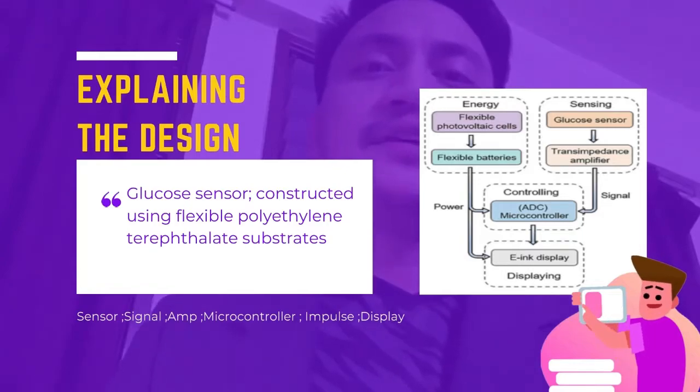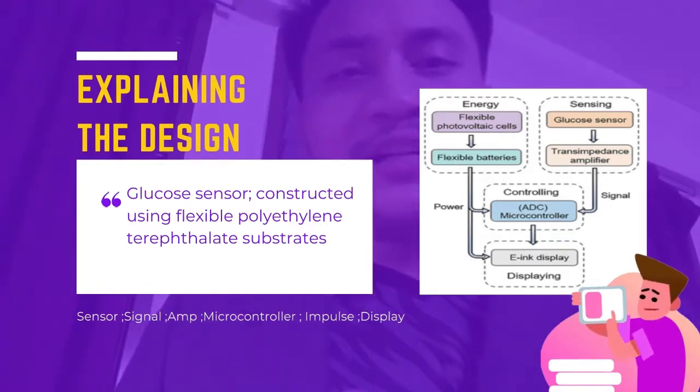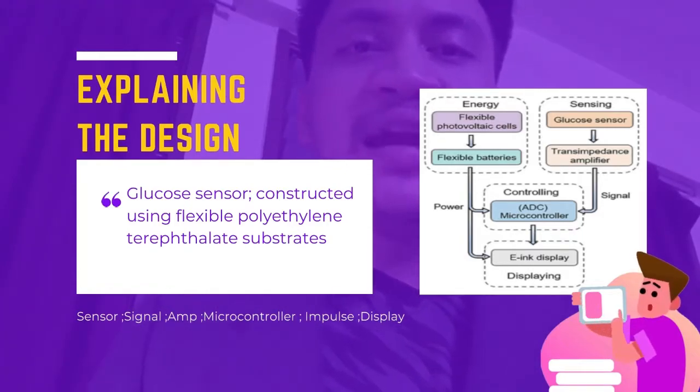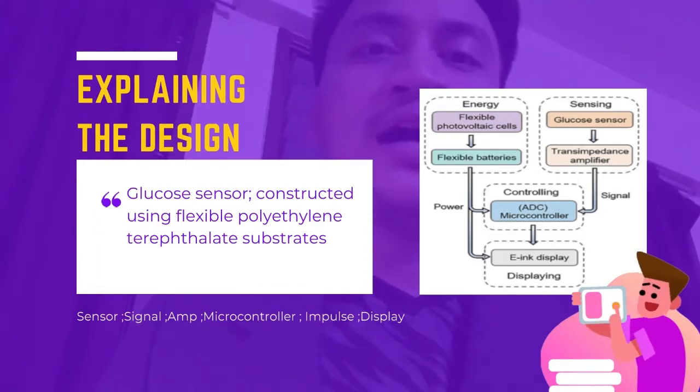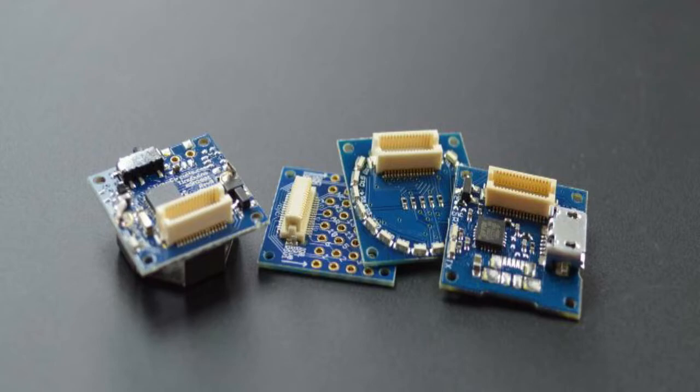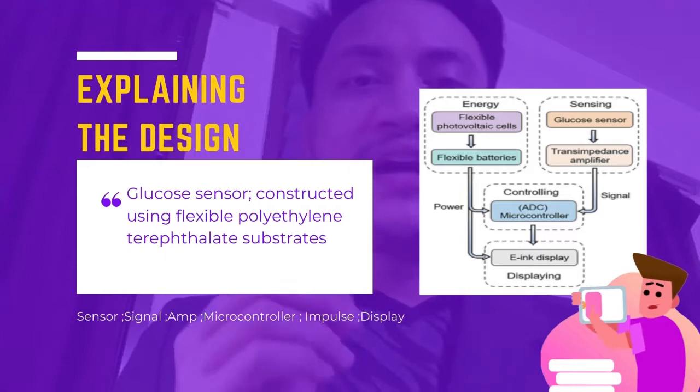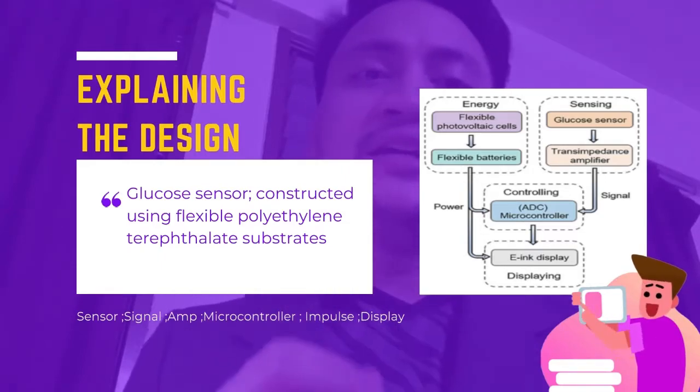Figure 2 depicts this. The glucose sensor was constructed using flexible polyethylene terephthalate substrates, which is the standard method for ultra-low current electrochemical sensors. The entire circuit is built around the TinyDuino, with an analog circuit providing signal processing, conditioning, and e-ink panel control.